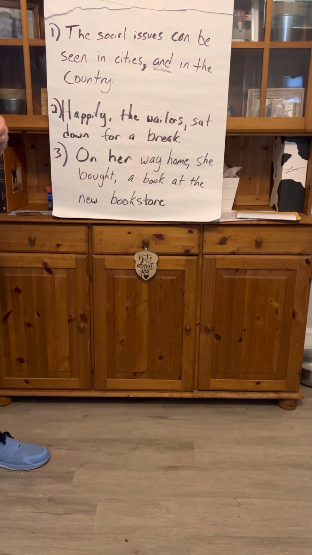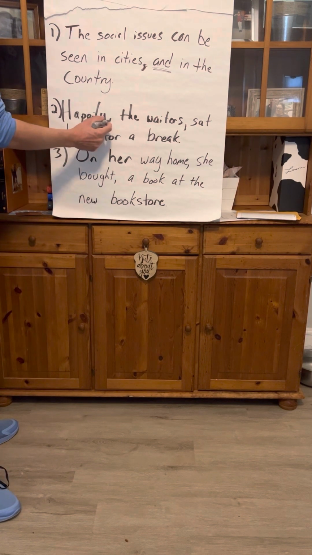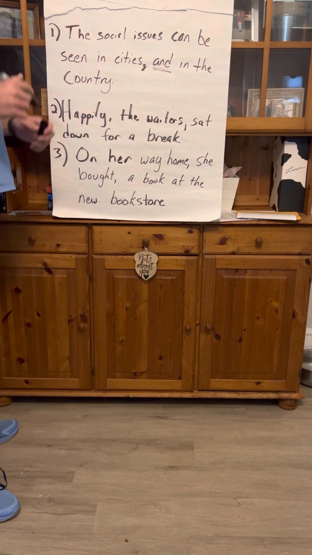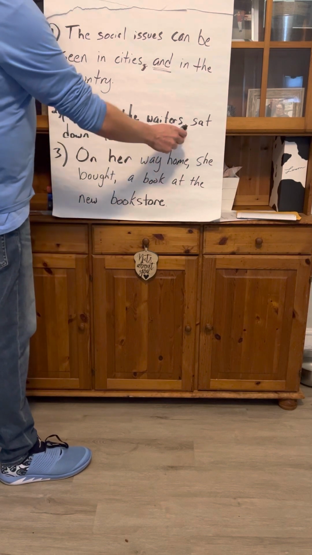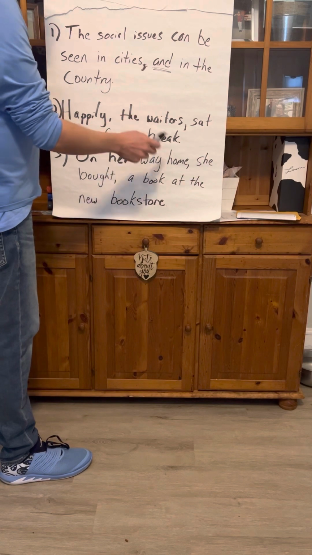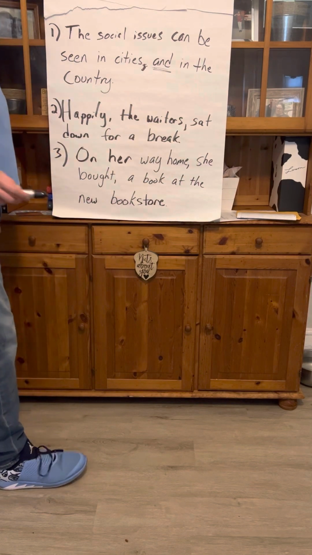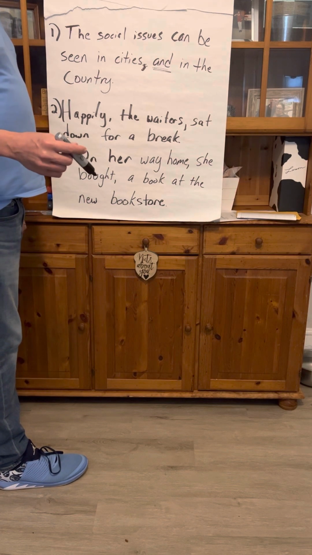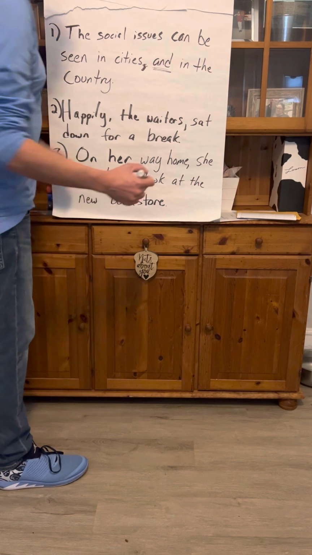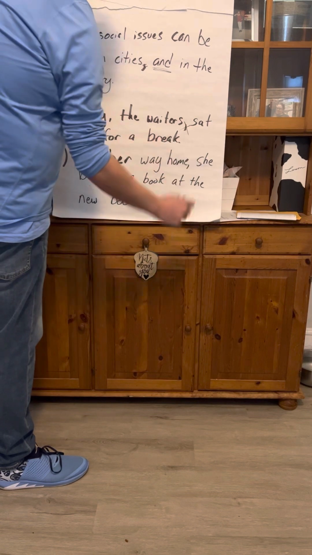Happily, the waiters sat down for a break. In this case, this is okay. It's describing the waiters. But here, the waiters are the subject, sat is our verb, and we have a comma right there, and you're not supposed to have a comma between your subject and your verb. So we're going to go ahead and take that out.